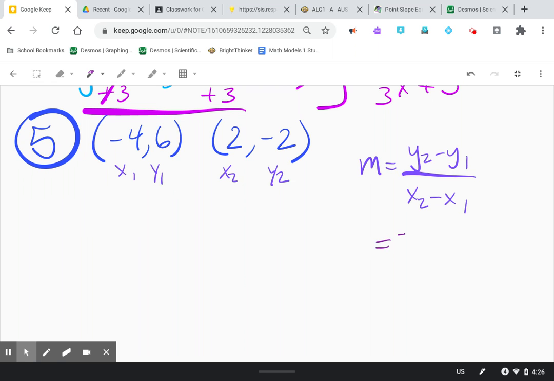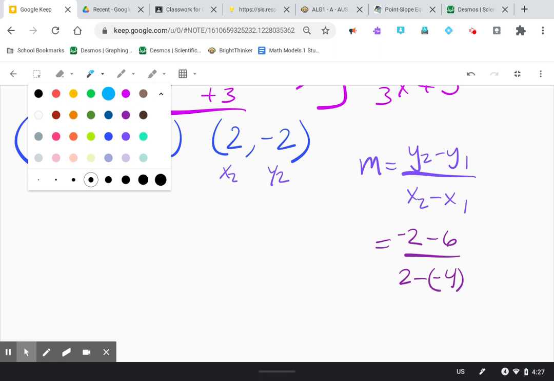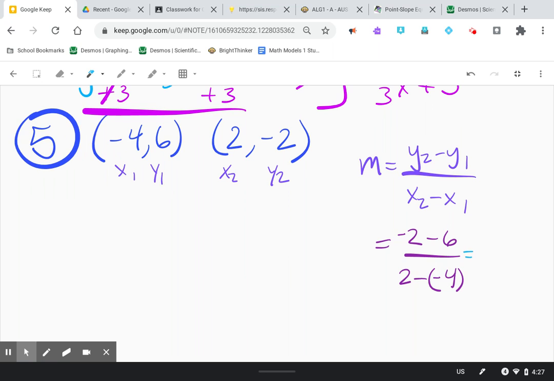So y2 is negative 2 minus 6, which is y1. x2 is 2 minus negative 4. Looking at that, negative 2 minus 6 is negative 8. 2 minus negative 4, 2 plus 4 is 6. That's going to be negative 4 over 3. So that's going to be my slope.